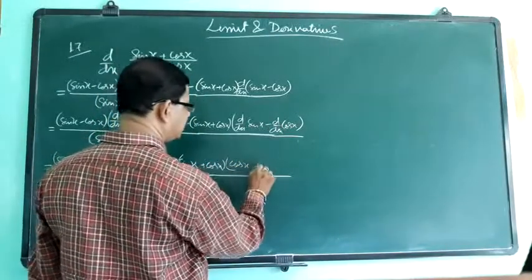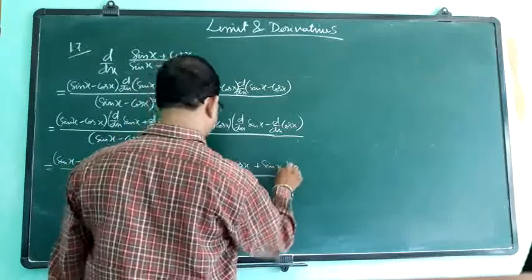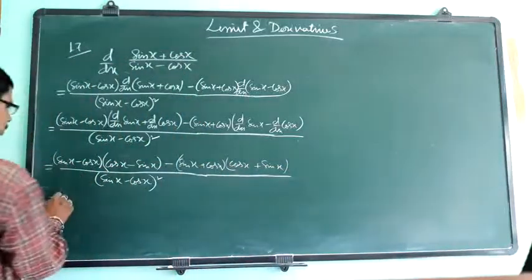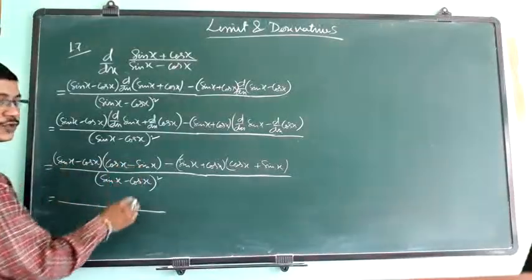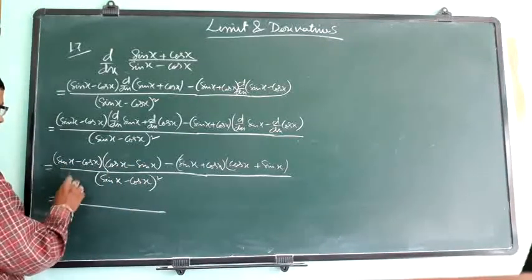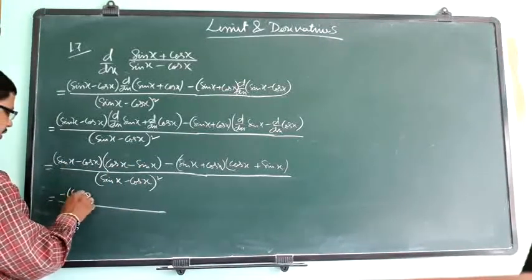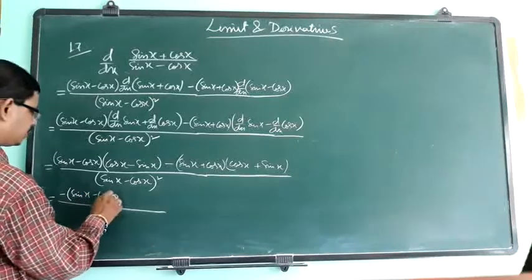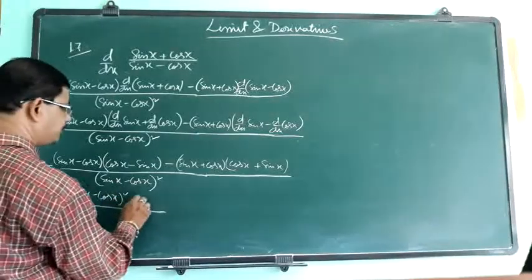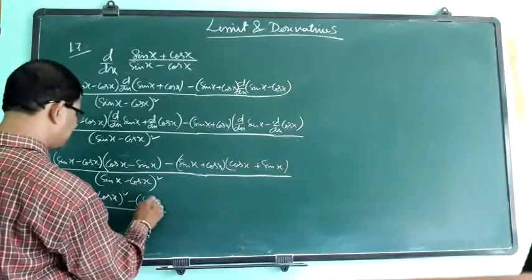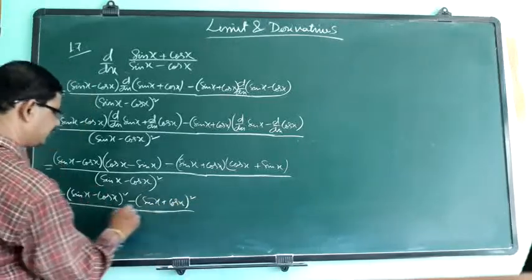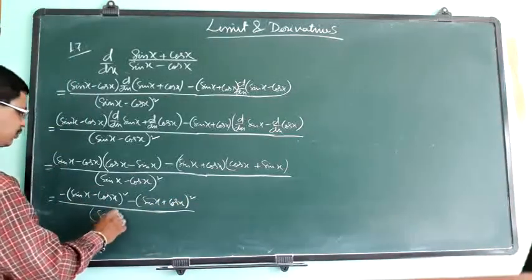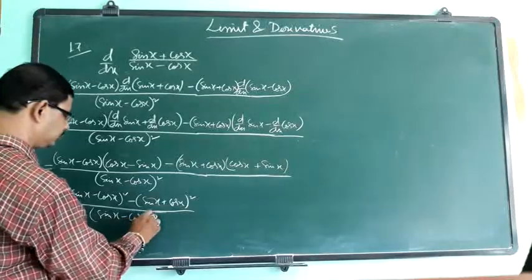So minus minus gives plus sin x. So we get what? You see that sin x minus cos x minus sin x. So we can take minus (sin x - cos x) whole square, and here (sin x + cos x) whole square. A little simplification I am going to do.